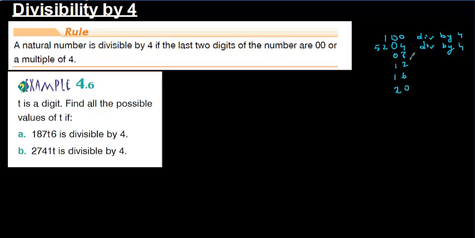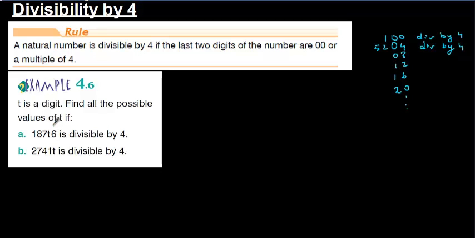As you see, these are the possible multiples: 0, 8, 12, 16, 20, and it will continue like that with 24. Okay, here there is an exercise to understand when the number is divisible by 4.